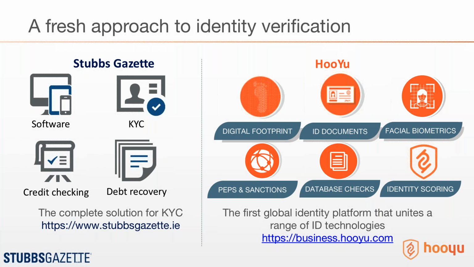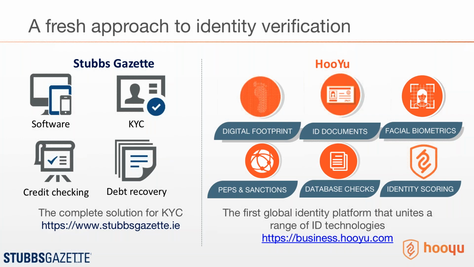Stubbs Gazette, you probably all know what we do at this stage. In the last couple of years, we've developed, on top of our credit bureau and debt management business, regulatory and compliance software and services, particularly around knowing your customer. We allow our customers to do anti-money laundering checks through our software, and we can also help them to remediate all of their customers or members against anti-money laundering databases, politically exposed people databases, and so on.